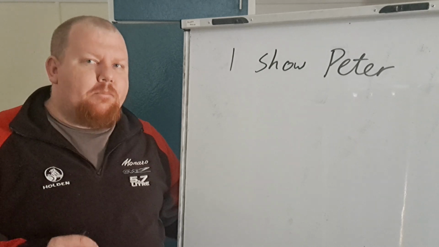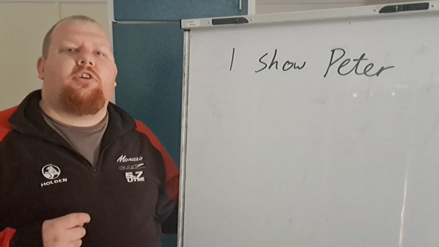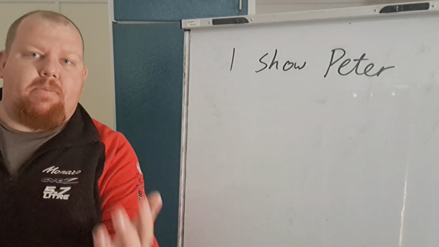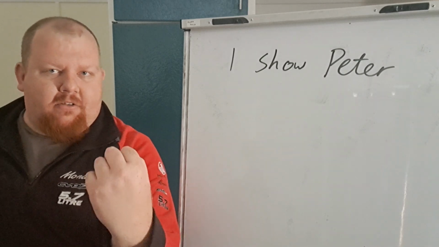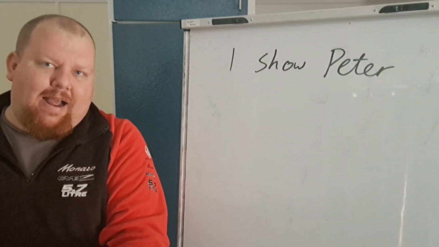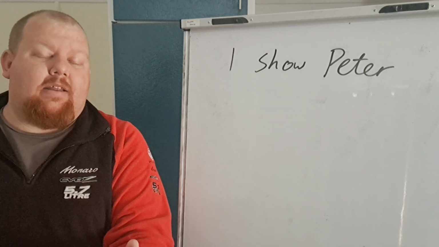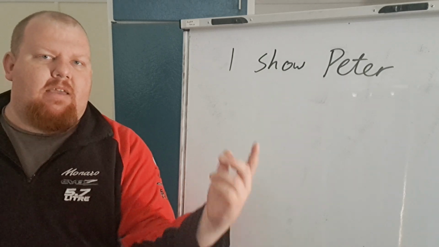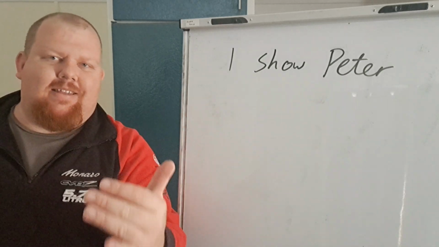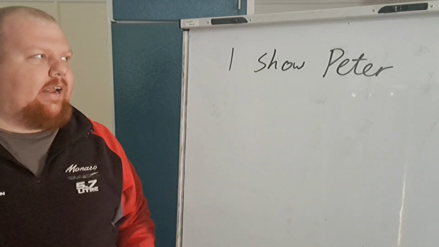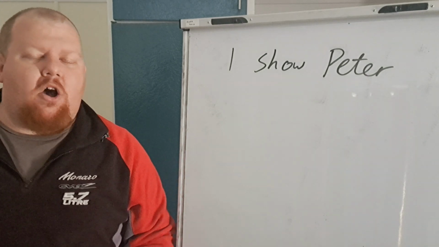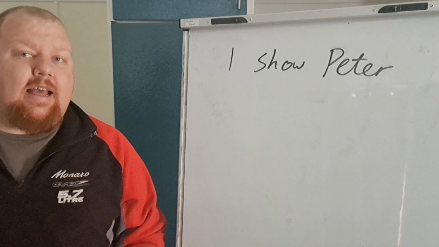But if Peter is the object here, what you're actually saying is you're showing Peter. Peter is the thing that's being shown. So if you put it in the passive, it helps you to identify the fact that if that is the object, then that's the thing that's being shown, okay? So that doesn't make a whole lot of sense, and you can't say that in Greek.